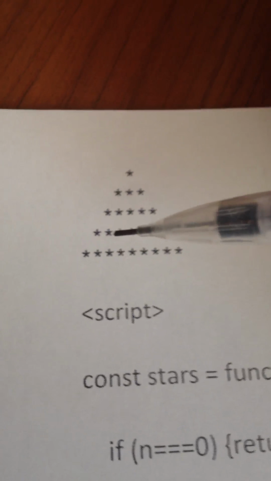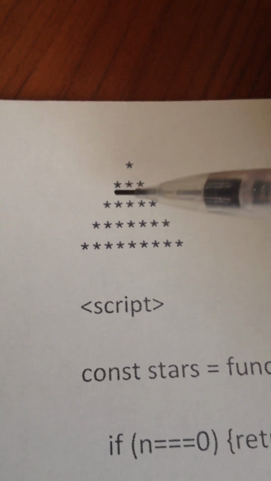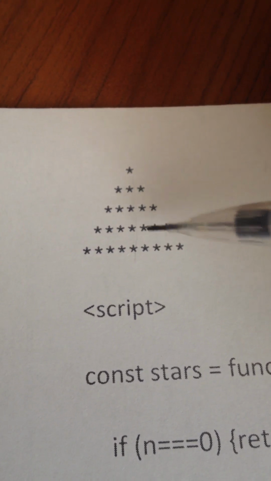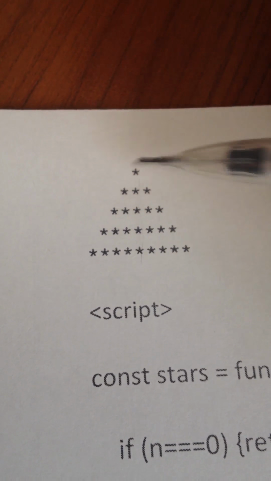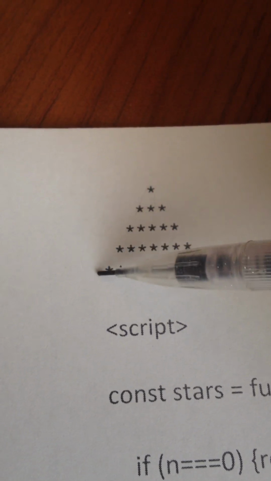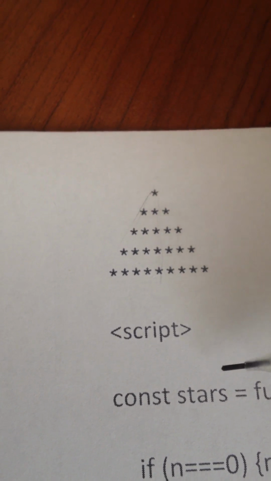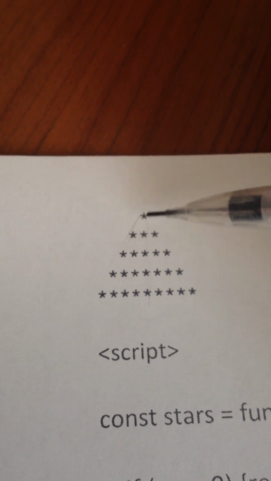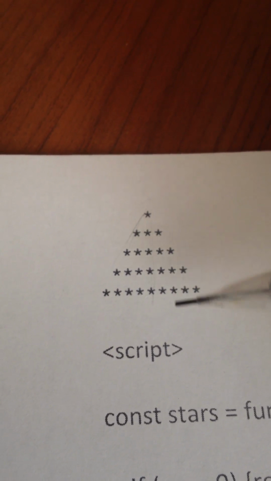So here, as you can see, we have to take care of three things. Of the height of the function, so how many lines basically it has to go. The spaces over here, and the number of stars. To start with that, you can see that we're adding 2 stars at a time.